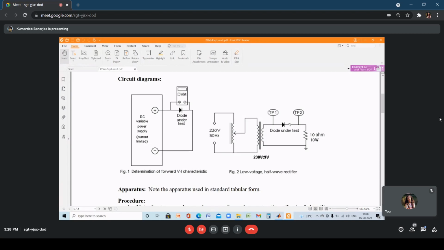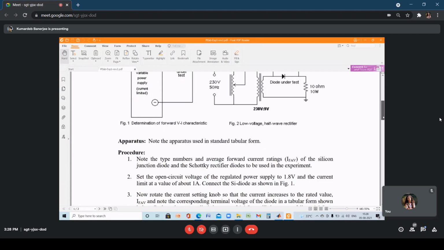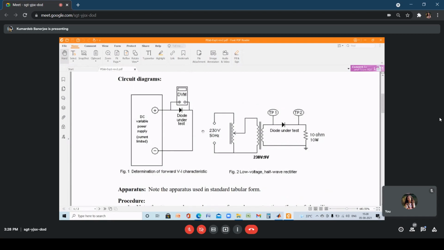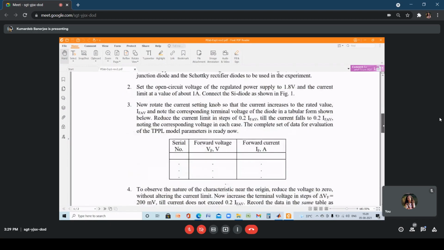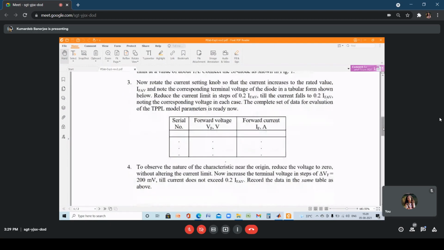Clear? Another thing which I missed: when we are characterizing the diode, for a silicon diode, for finding the portion of the curve for which the diode voltage is less than V gamma, we started with 0 volt and increased the diode voltage in steps of 0.2 volts. But when we characterize a Schottky diode, for this portion of the curve we will increase the voltage in steps of 0.1 volt.